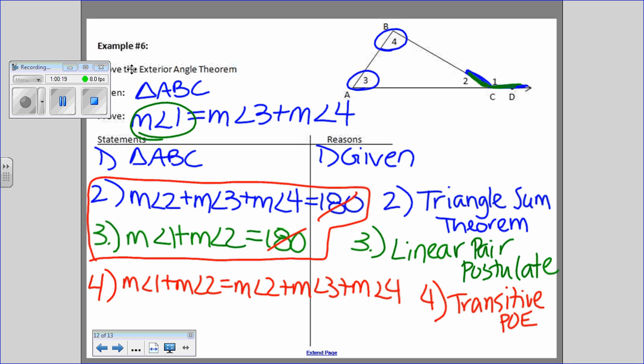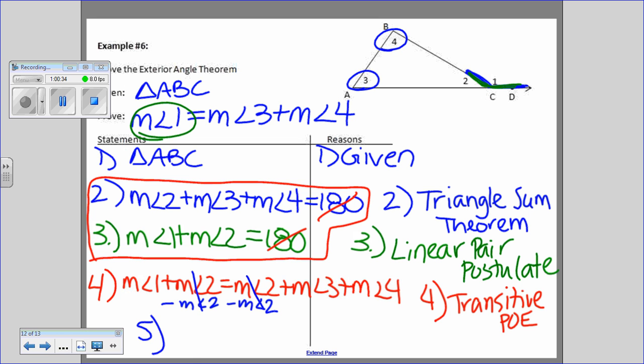And now, what can we do, Notion? Now I can subtract the measure of angle 2 because it is on both sides of my equal sign. So I'm left with the measure of angle 1 equals the measure of angle 3 plus the measure of angle 4.